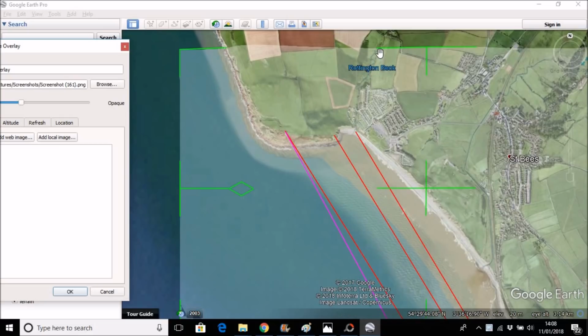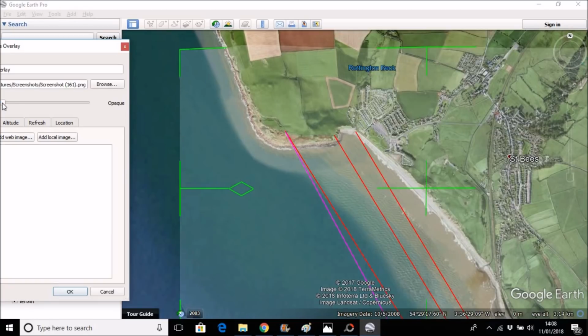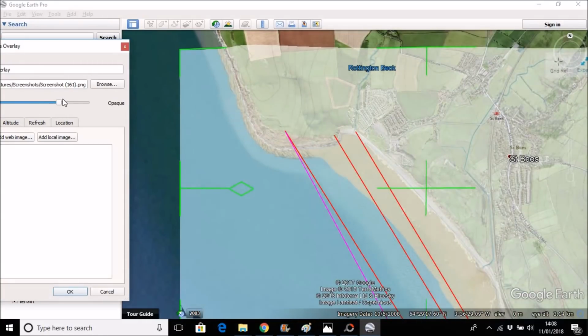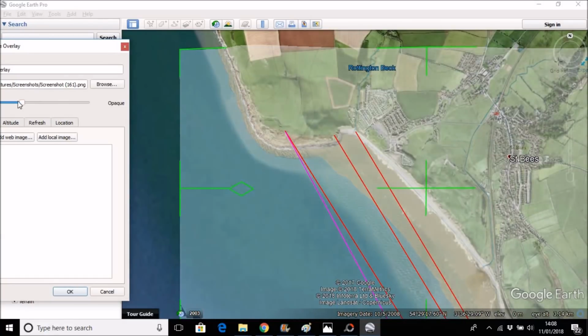So particularly if you look at the Rottington Beck, there's a blue line on the Ordnance Survey map, and this stream here. As we fade out the Ordnance Survey map, you can see the line of those two small rivers on Google Earth, and as we bring back in the blue line of the Ordnance Survey, you can see how well they correspond.